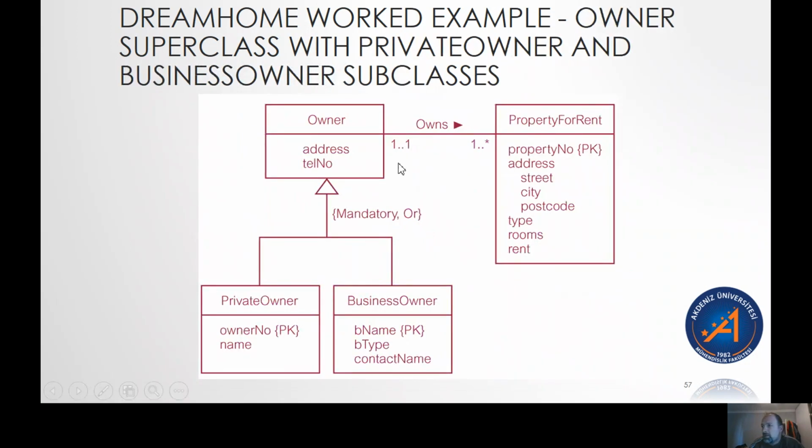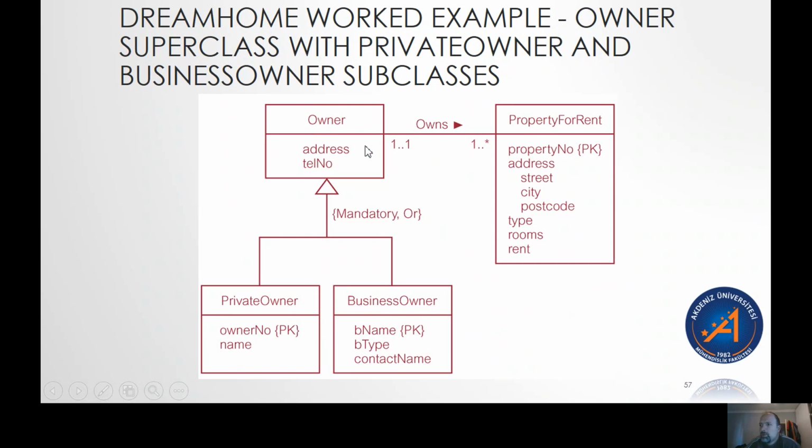Here, another example. And we've got one more example after this. We've got an owner who owns property for rent. An owner, mandatory, either a private owner or a business owner.